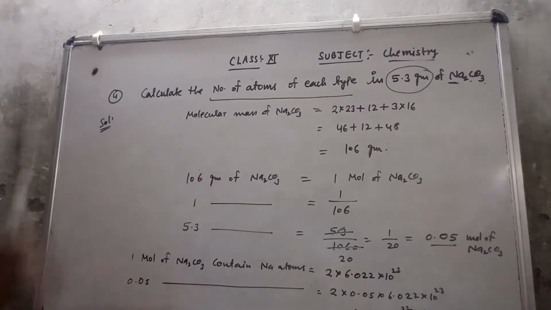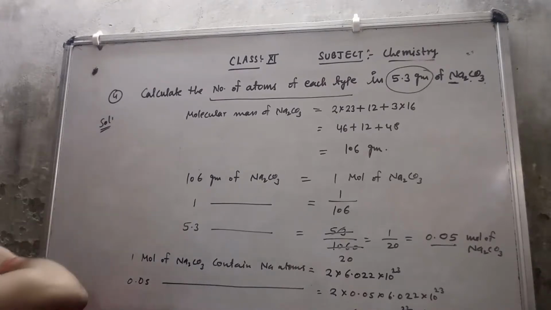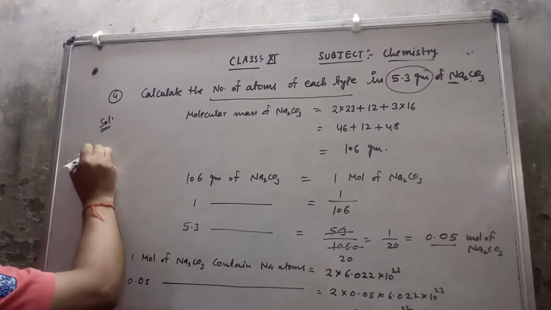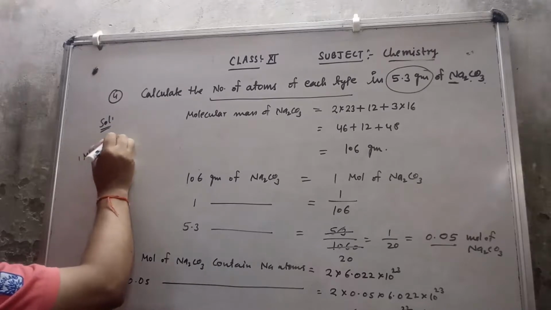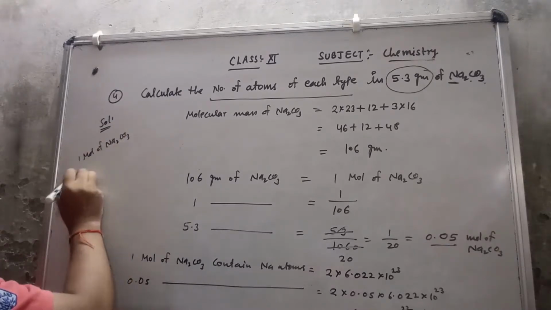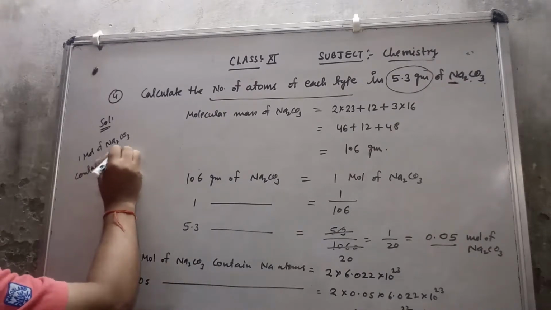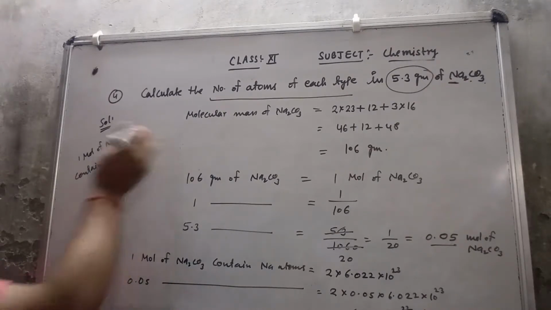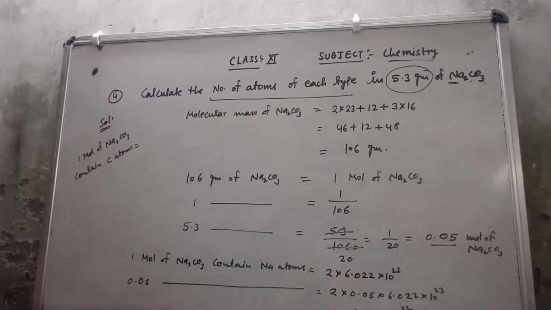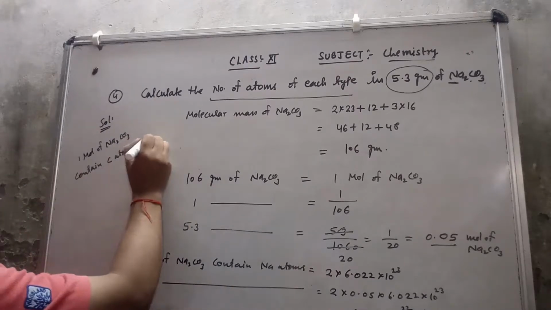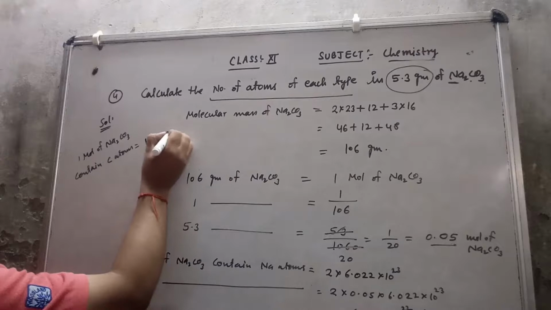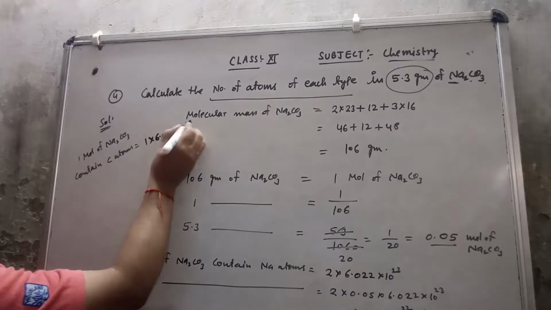Same for each type they are asking. So I am going for carbon also. 1 mole of Na2CO3 contains carbon atoms. How much carbon is available here? Only 1 carbon is available here, so this is 1 into 6.022 into 10 raised to the power 23.